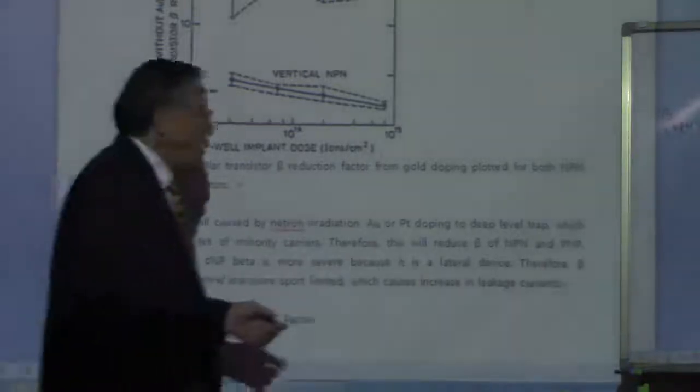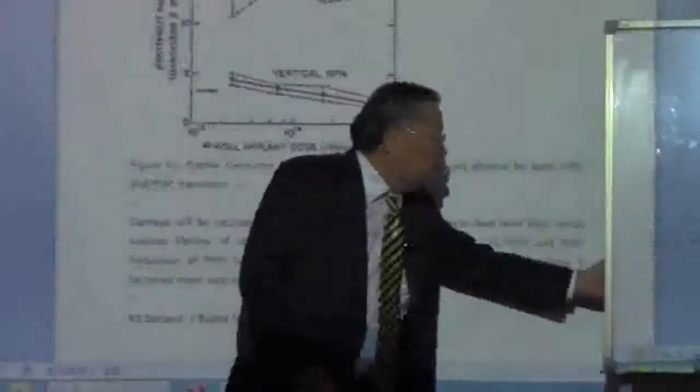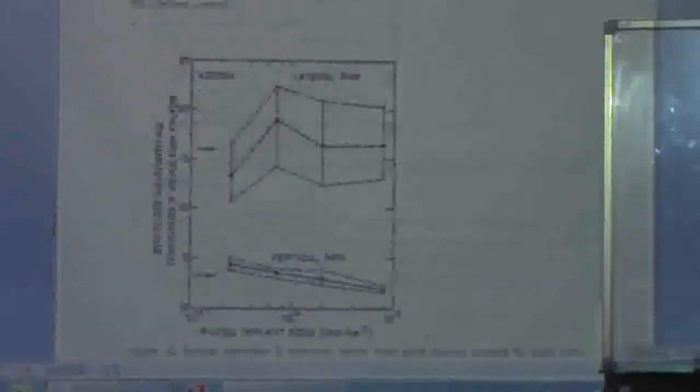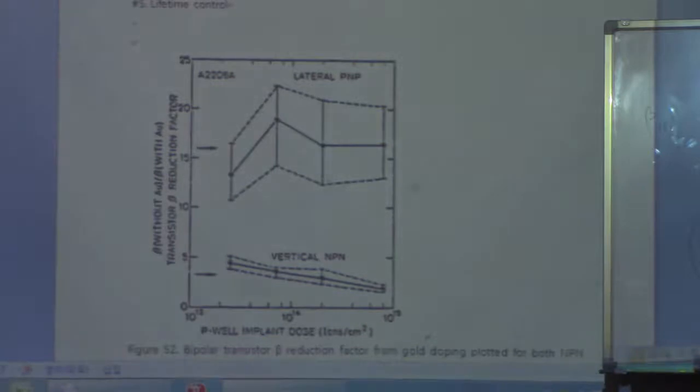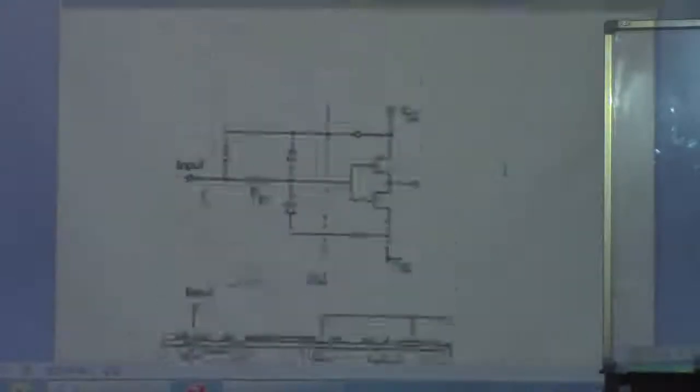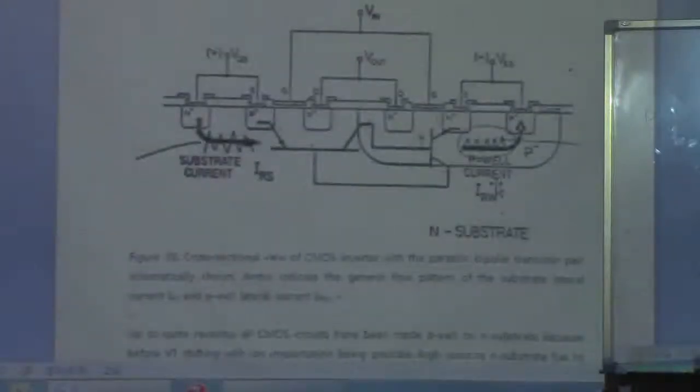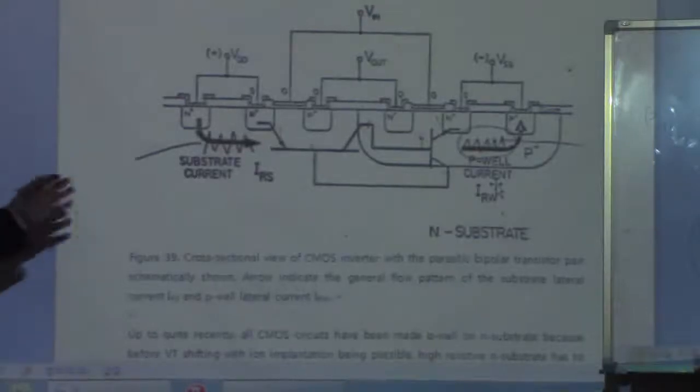Now, we have two bipolar transistors, and you have to think about this part: one of the bipolar transistors inherently has a larger beta than the other one.